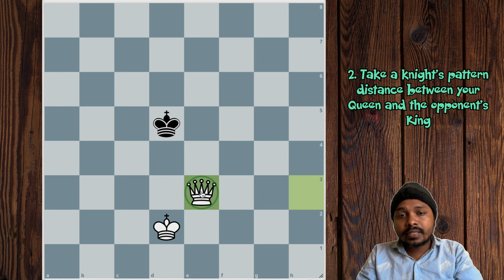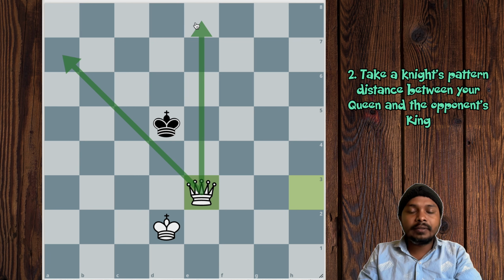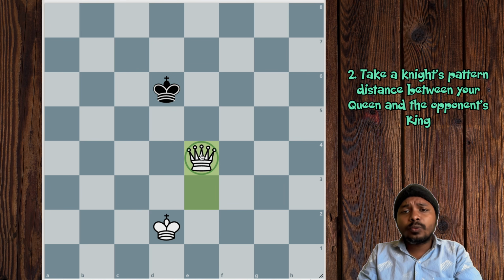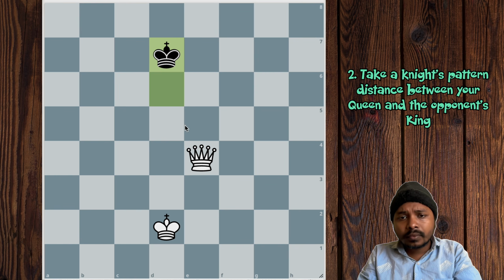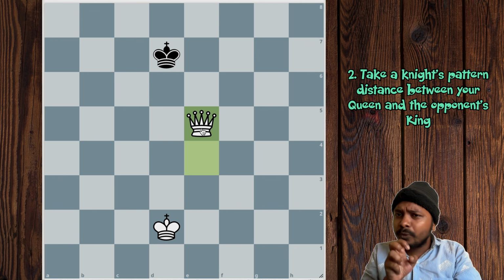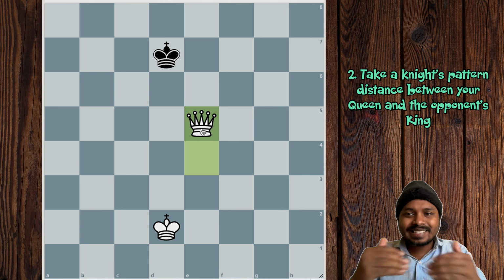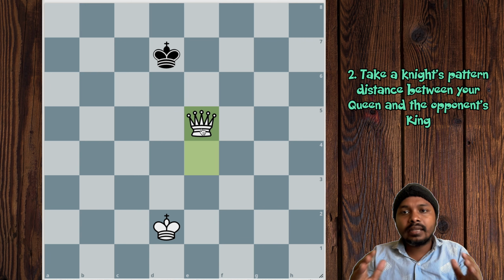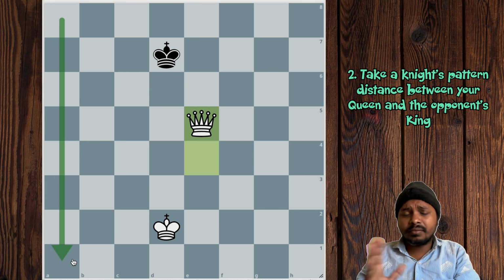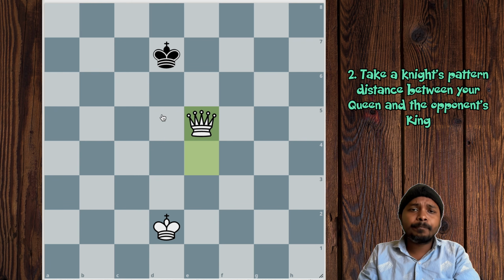So this queen is controlling this diagonal as well as this file. So when the king moves back, for example, then again queen to e4, you take the knight pattern distance. Again you take the knight pattern distance, and you can see the opponent's king is moving towards your selected last line. And if the king moves on this file, no need to worry about it.